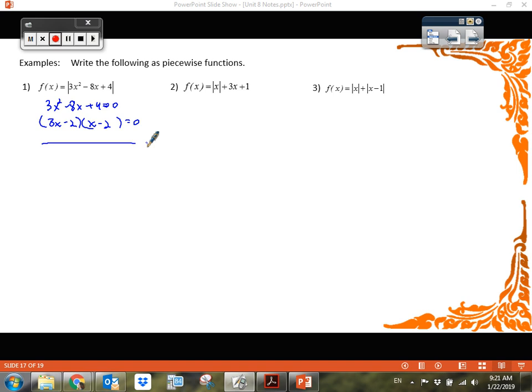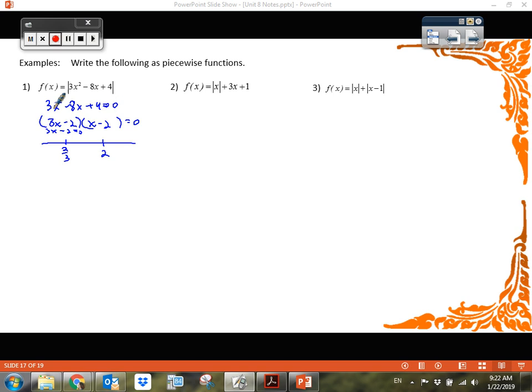Okay, so here's where I have my sign analysis chart. The number that would make this 0, if you want to keep working it algebraically, you can, or you can do it in your head. 3x minus 2 equals 0, so I move the 2 over and I get 2/3. So 2/3 is one value that makes this 0. The other value would be 2. My job now is to do sign analysis, and I typically like to use the factored portion.